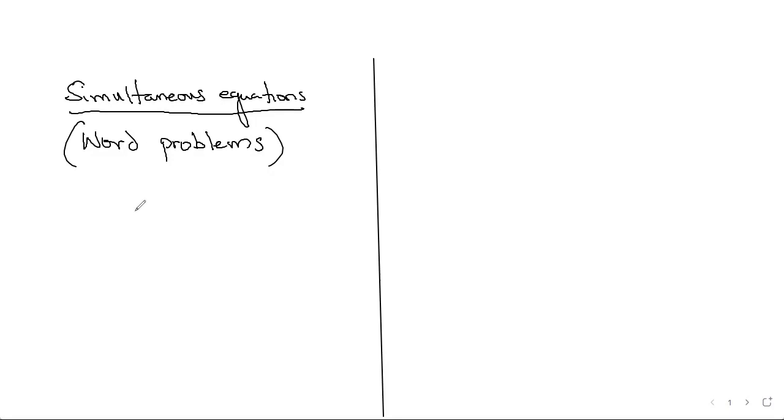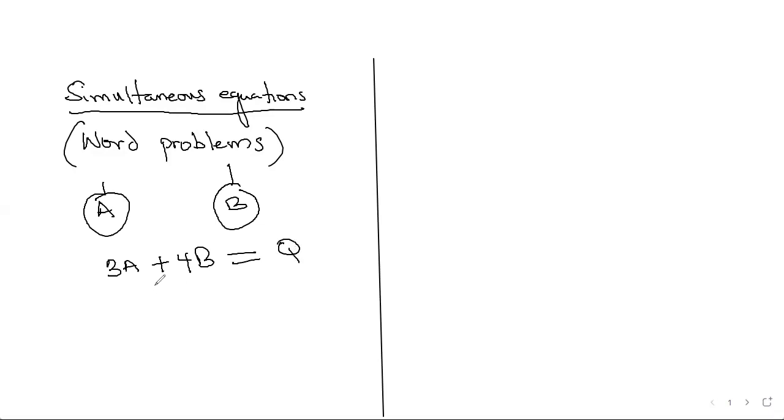So, for example, let's say you want to buy item A and B, and you were told that 3 units of item A and 4 units of item B will cost some amount, let's say Q. And you're told that if you want to buy 5 units of that same item A plus 2 units of item B, it will cost an amount R. So what is the unit price of A and B?